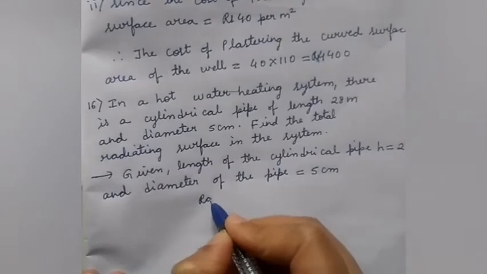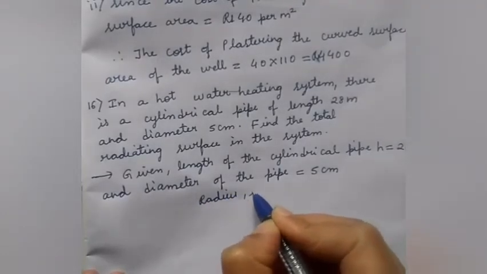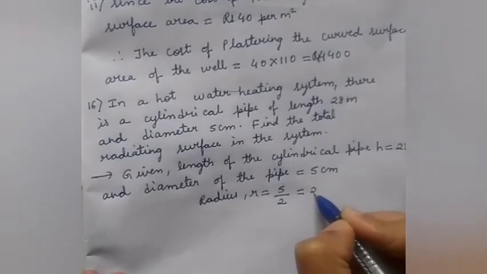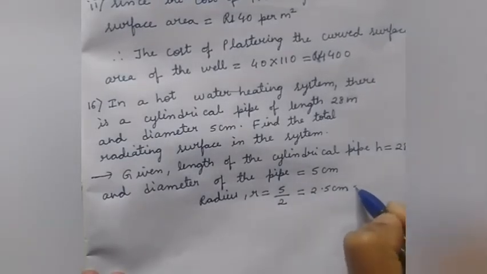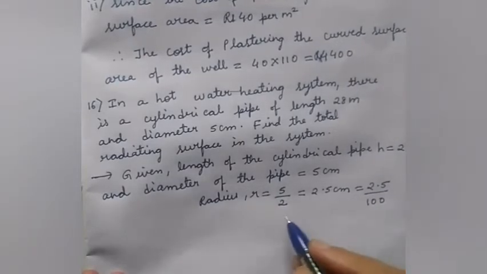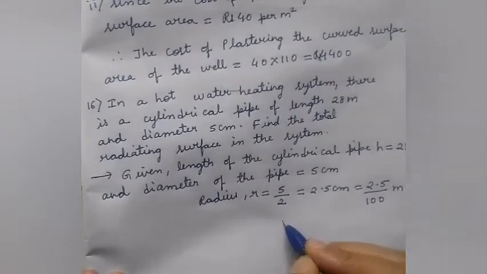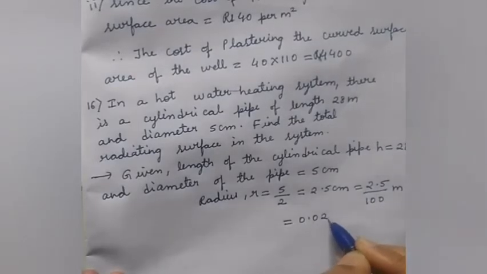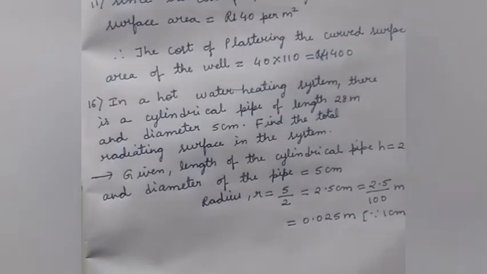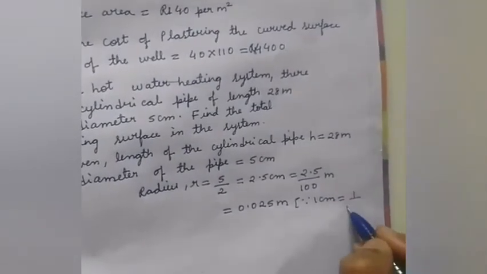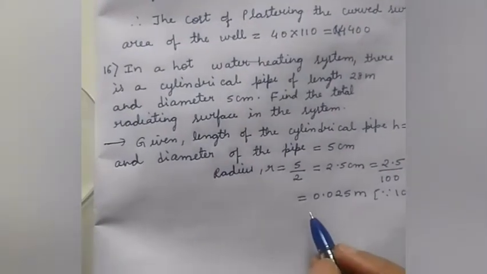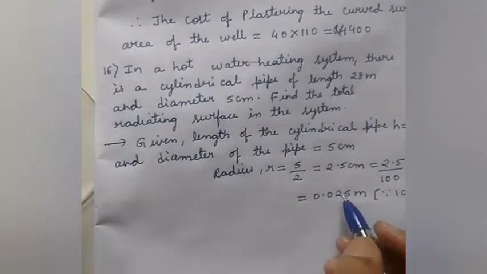So if diameter is known, radius r is equal to diameter divided by 2, which is equal to 2.5 centimeter. Again, write this in terms of meter, that is 2.5 divided by 100 meter, which is equal to 0.025 meter. This is because 1 centimeter is equal to 1 divided by 100 meter. So we have radius is equal to 0.025 meter.